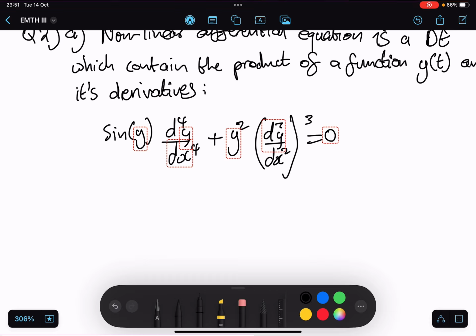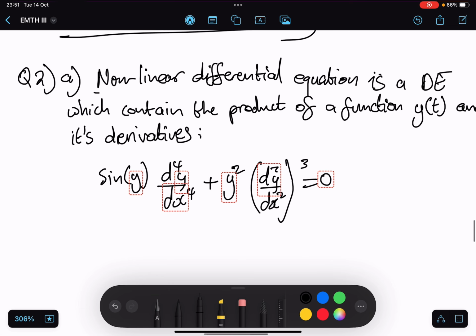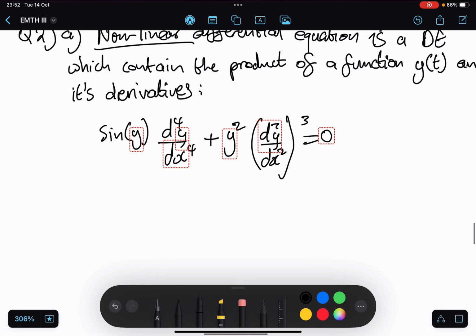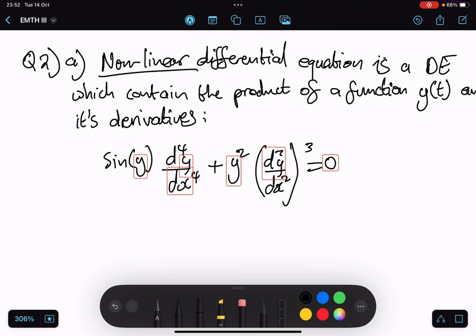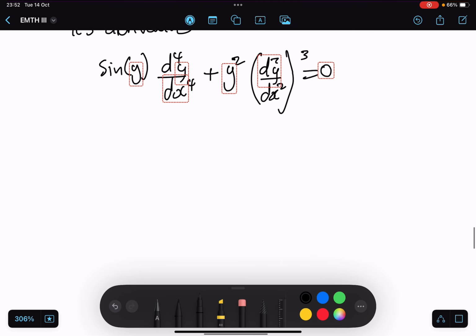So let's talk about a linear differential equation. Before we come here, let's talk about a linear differential equation so that you can see what a nonlinear differential equation is.